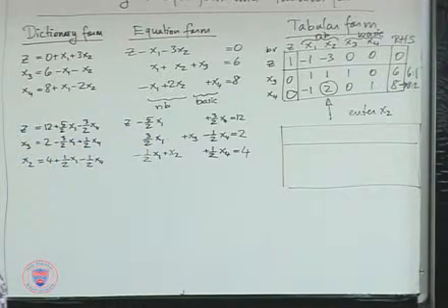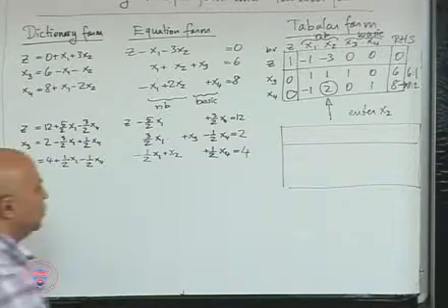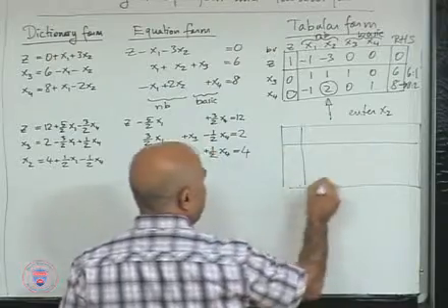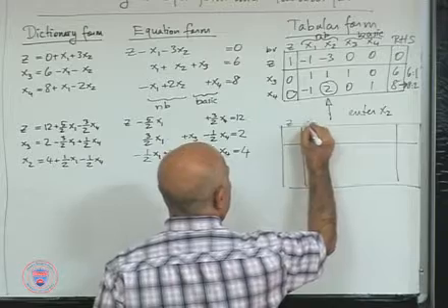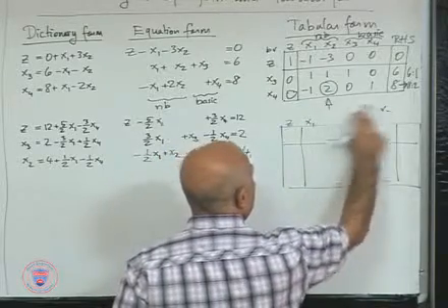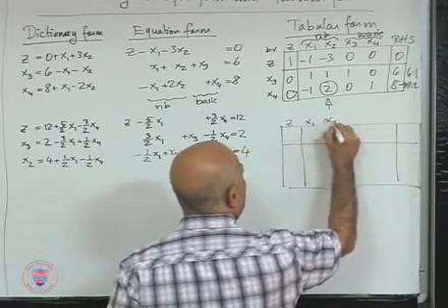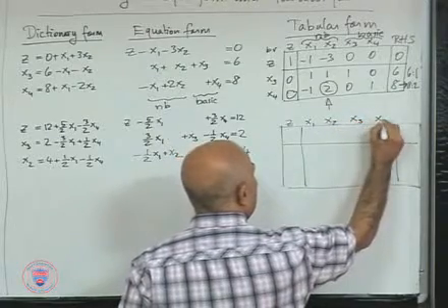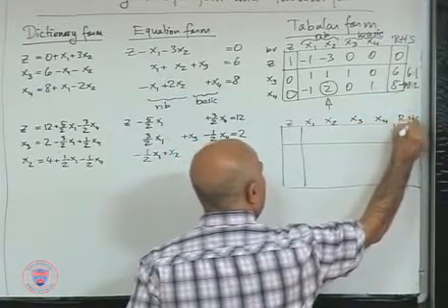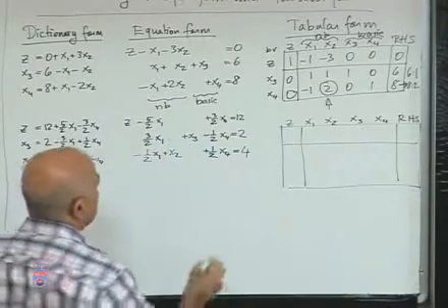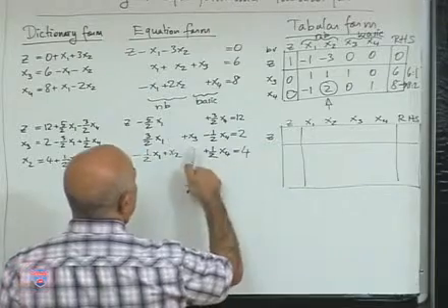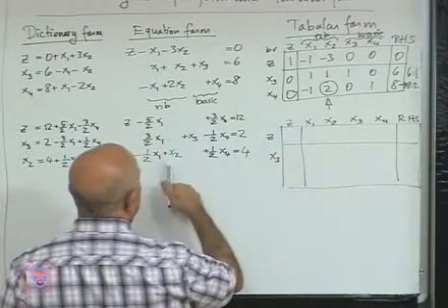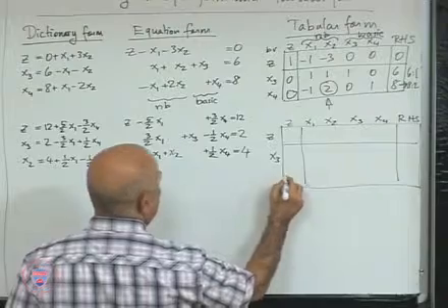So I'm not going to go through the pivoting operations, but if you just follow them, you should get exactly the coefficients we see in the equation form. The basic variables will be z, x3, and x2.